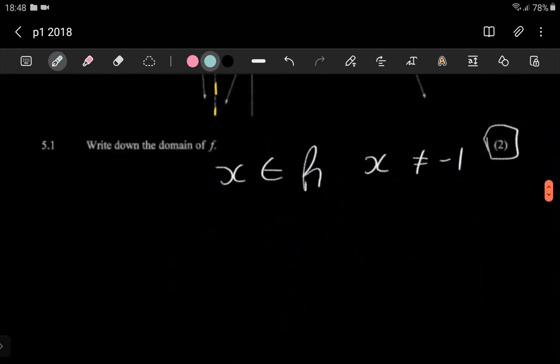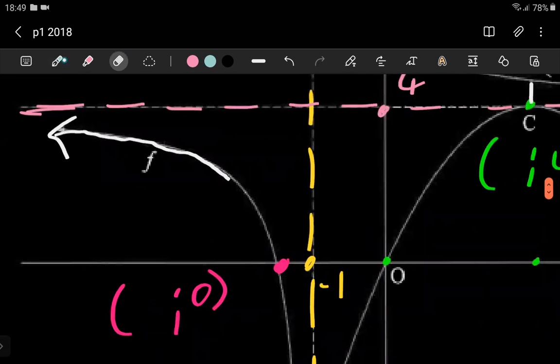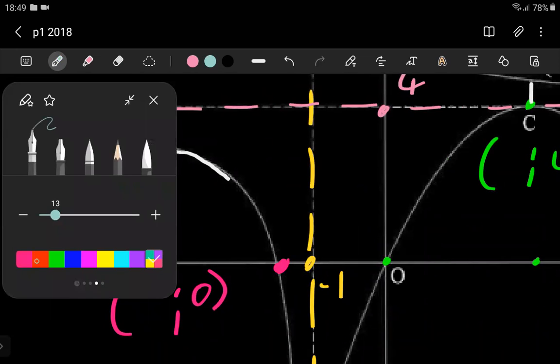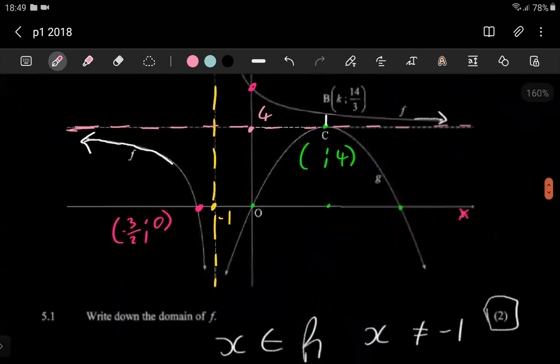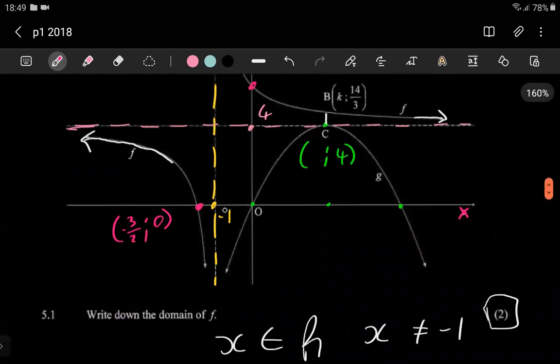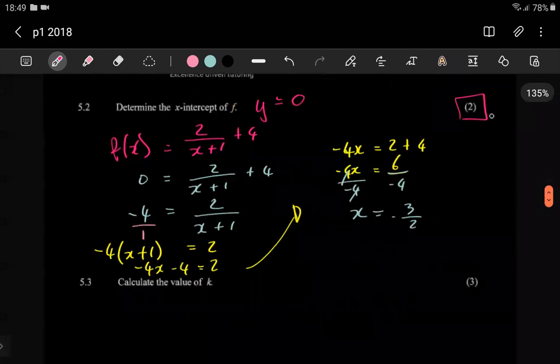Looking at our image, always try and use your image to boost your confidence. Because -3/2 is like -1.5, so if you have -1 here, -1.5 is definitely going to be close to that. So you can be rest assured that it's definitely 2 marks in the bag there.